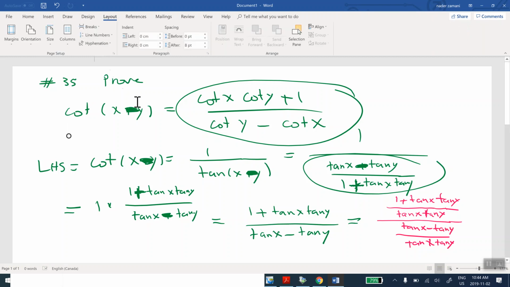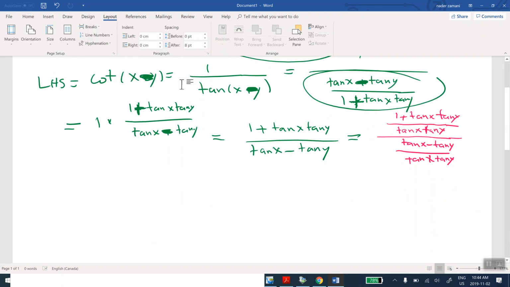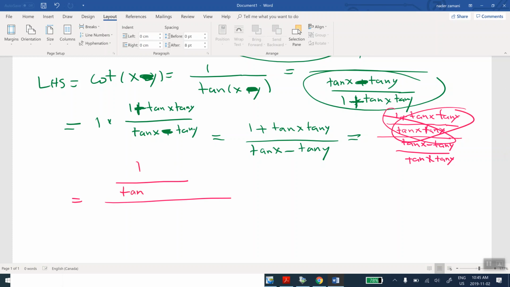Now let's do a little bit of a cleanup here. So this is equal to, on the top, I can do this plus that. So 1 over tan x tan y plus tan x tan y divided by tan x tan y.